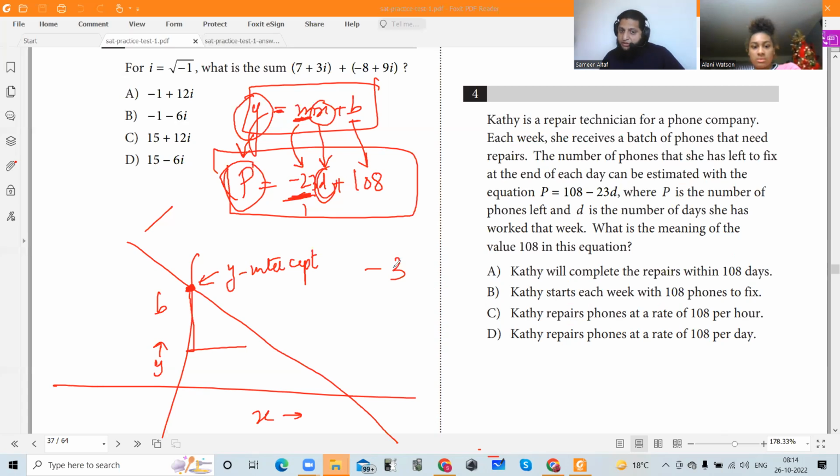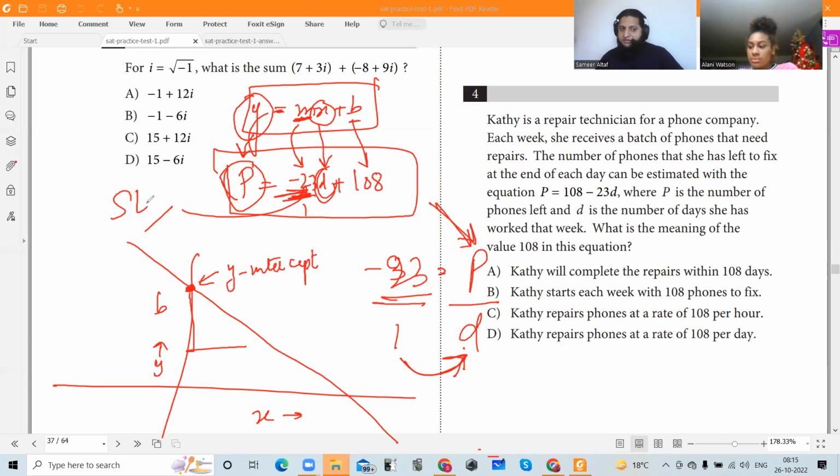So if each day, D is 1, then the number of phones she's repairing is 23. Are you getting it? So this is also giving us an idea that every day she's repairing 23 phones. That is what the slope means.